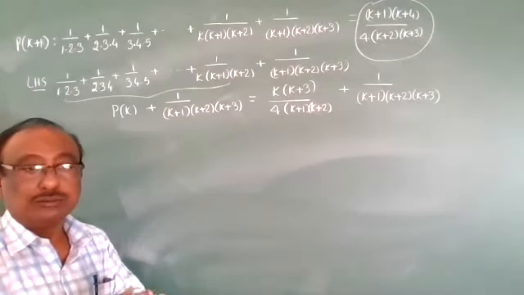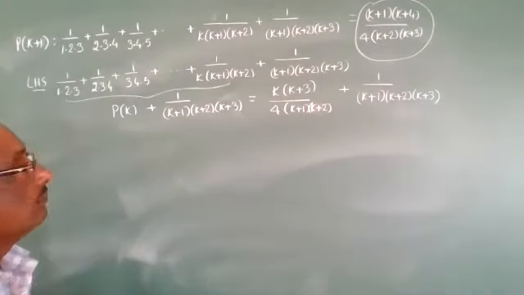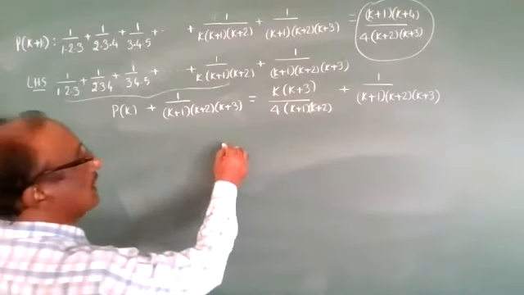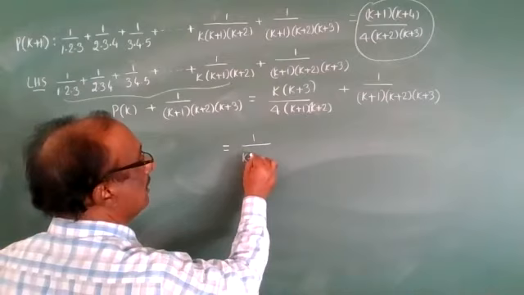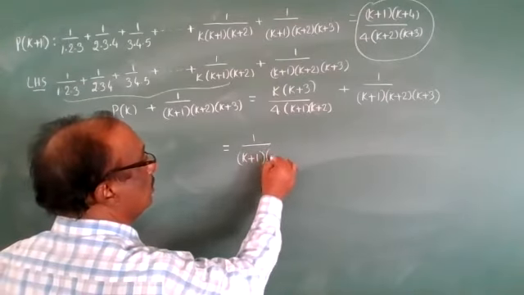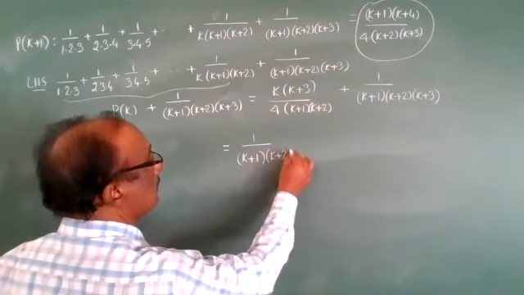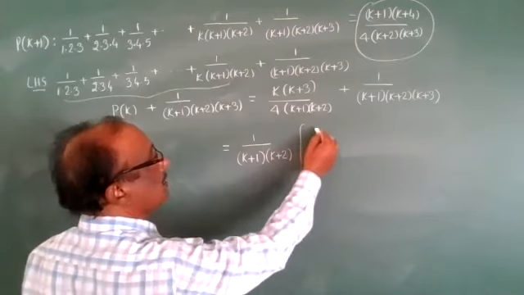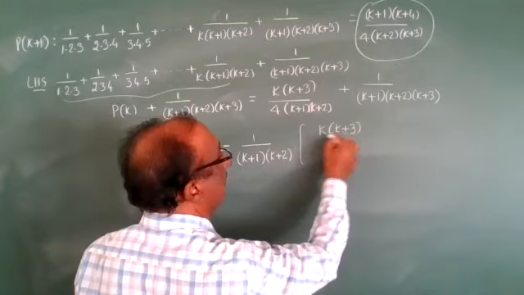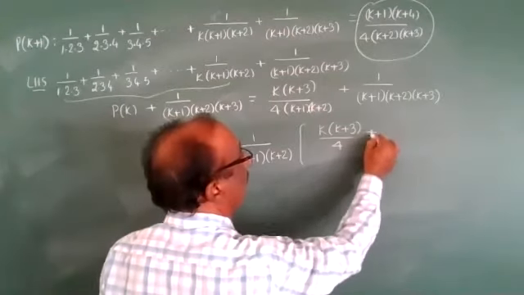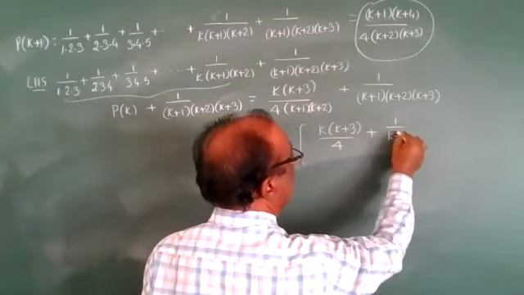Fast mode, simplify. Here, what is common? You can take 1 by k plus 1 common, k plus 2 common. Remaining is k into k plus 3 upon 4, plus 1 by k plus 3.